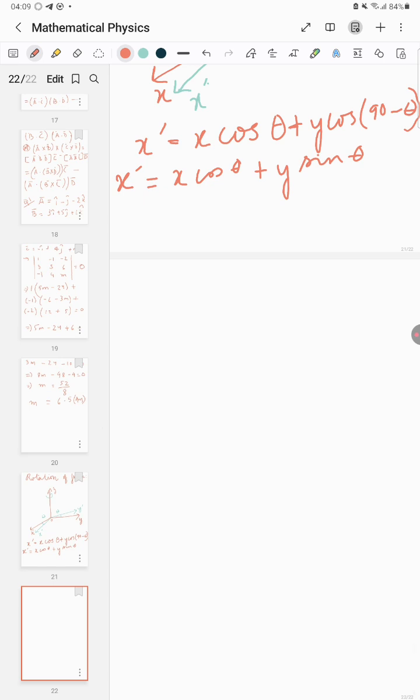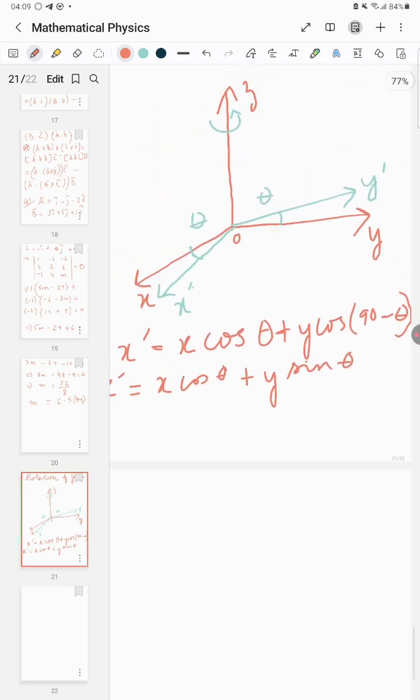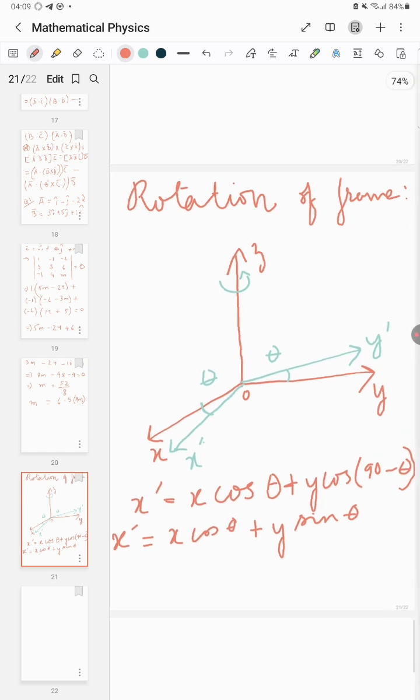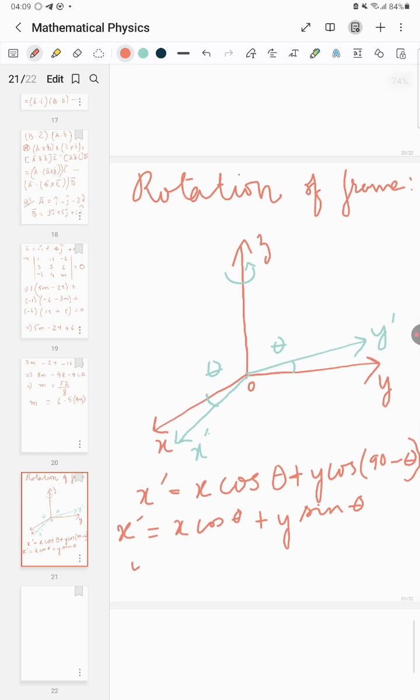Similarly, if you look into the Y prime axis in the same way, what would Y prime become?